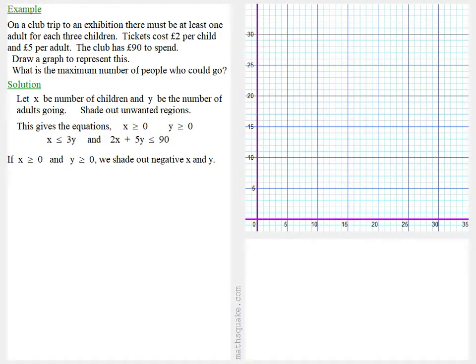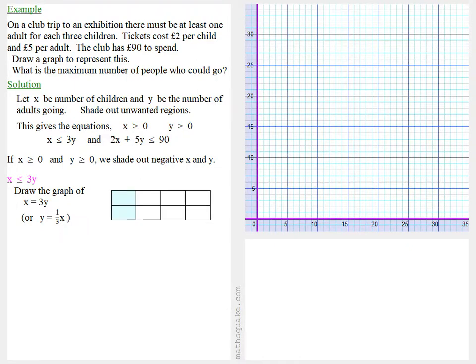Now, if x ≥ 0 and y ≥ 0, we shade out negative x and y. If x ≤ 3y, we start by drawing the graph of x = 3y. Now we can do this with a table. We can draw some boxes, choose values of x, let's say 0, 15 and 30, and we work out the values of y.